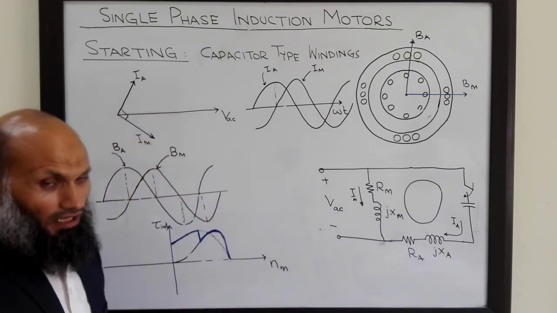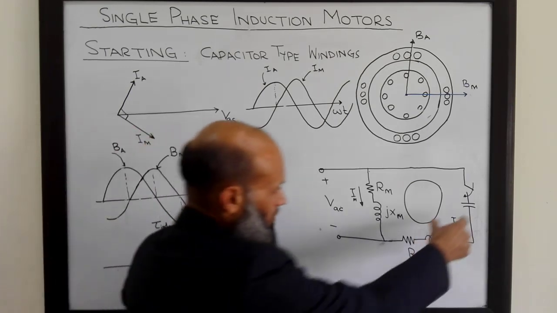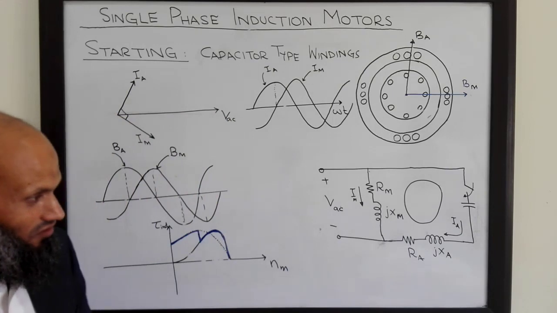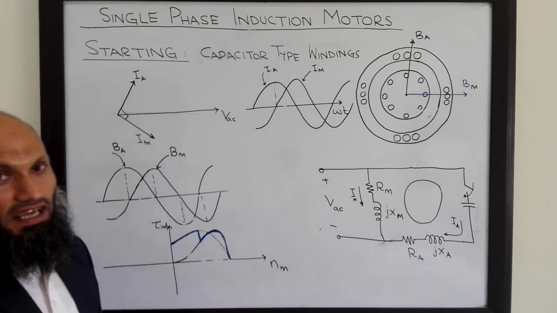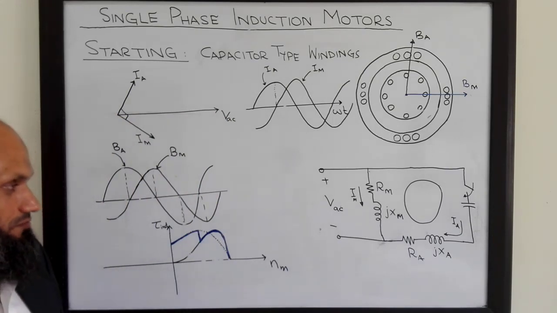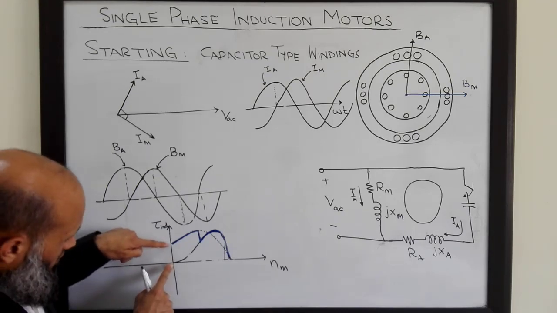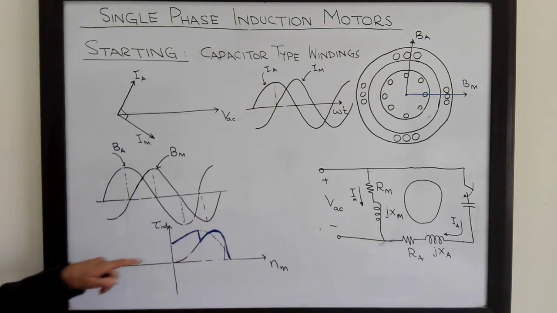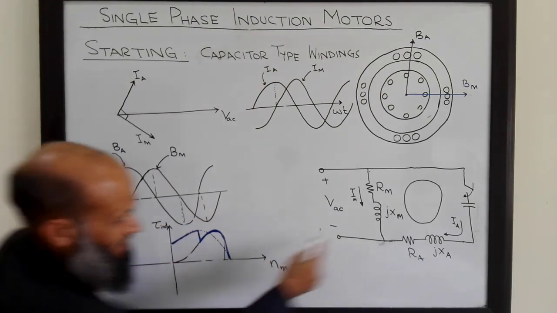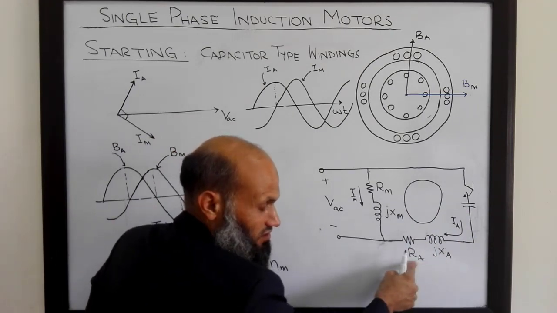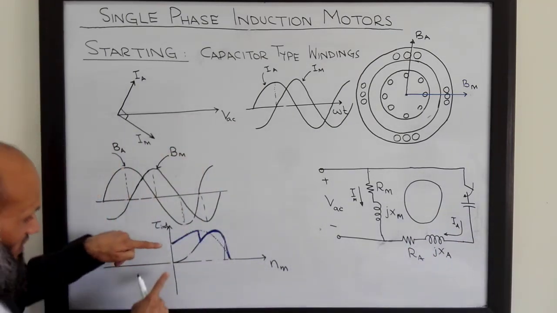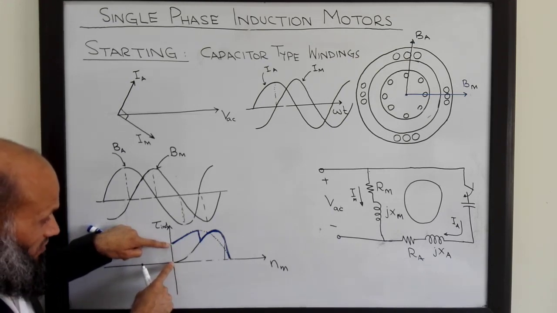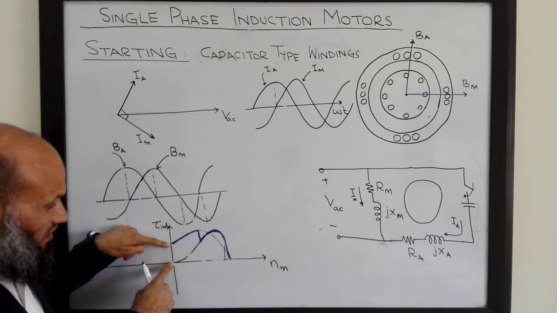So we can set the value of this capacitance, this inductive reactance and the resistance of this coil to achieve the balance at one load condition only. This balance can be achieved either at the starting condition or at the rated condition. If we achieve this balance at the start by setting the capacitance and these parameters to be optimal, we shall have good starting torque.